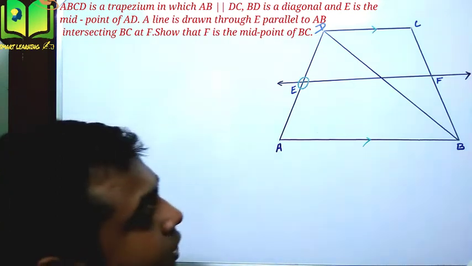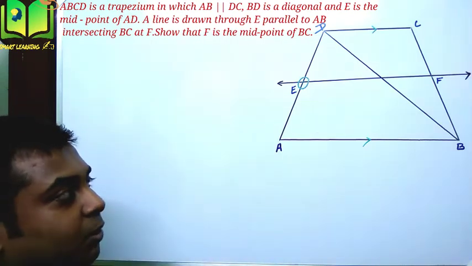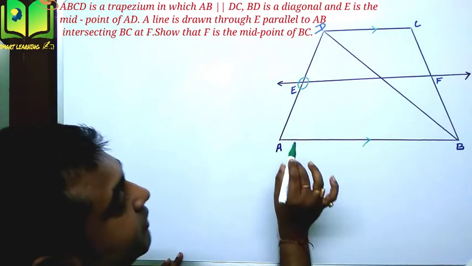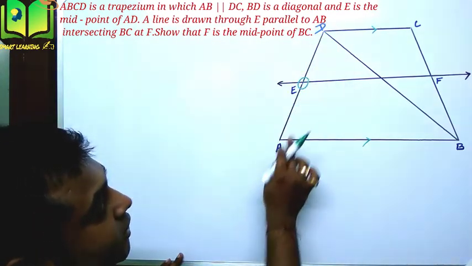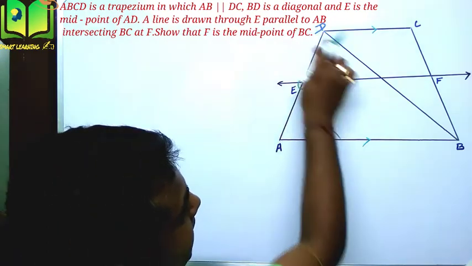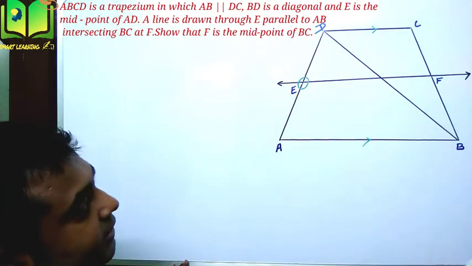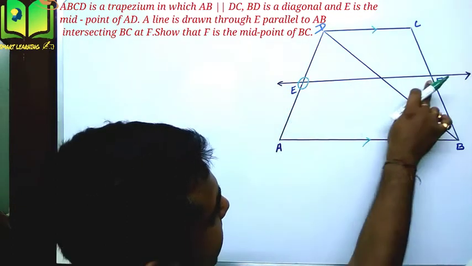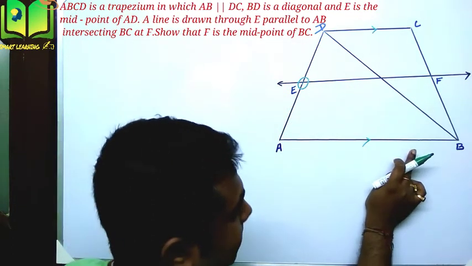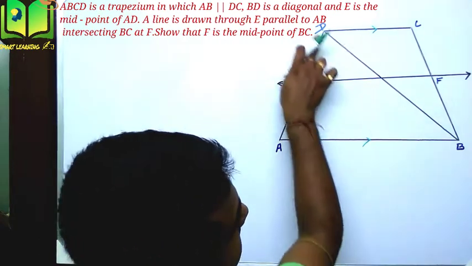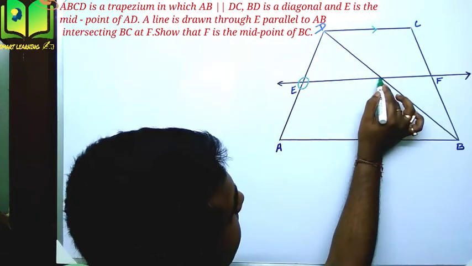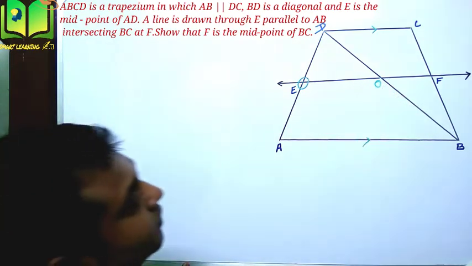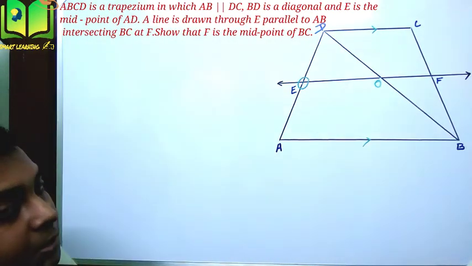You know that by the converse midpoint theorem, if point E is the midpoint of AD, then from triangle ADB we can say that this line, parallel to AB, bisects the line DB, meaning O is the midpoint of DB.